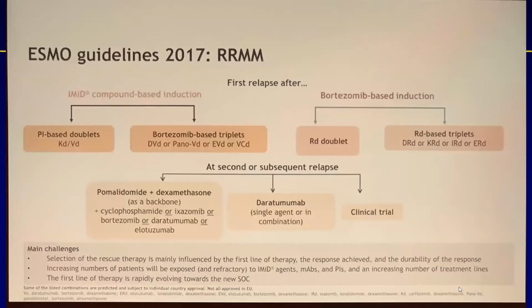Patients with IMiD compound-based induction will benefit from a proteasome inhibitor-based doublet like KD or VD, or bortezomib-based triplets in the form of DVD, Banu-VD, EVD, or even VCD. In bortezomib-based induction, we have to change the class of medications to IMiDs and use the RD doublet, or if we use triplets, it will be DRD, KRD, or IRD.